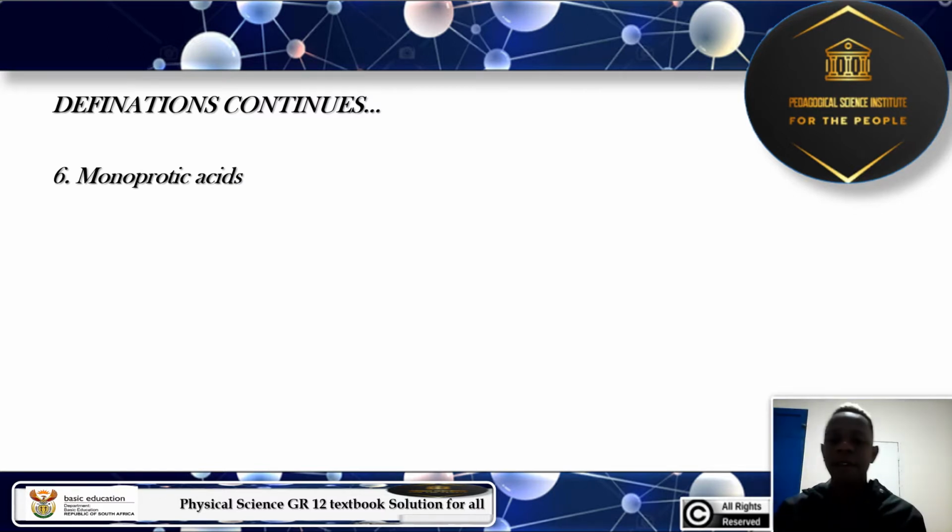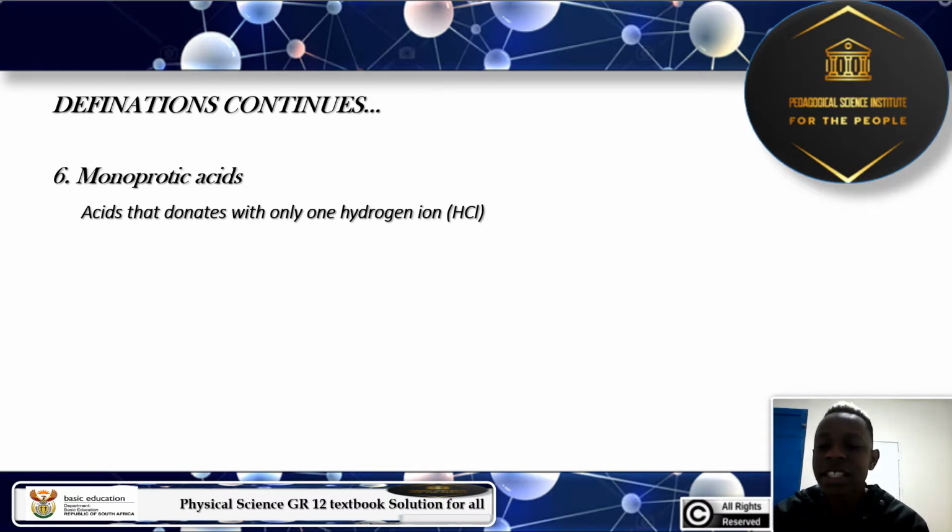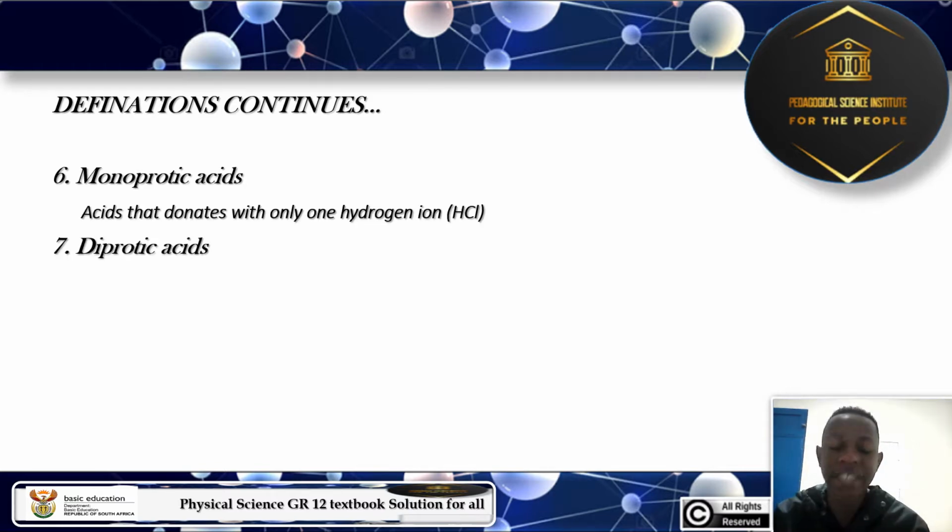Then we have many types of acid. We have monoprotic acid, diprotic acid, and triprotic acid. As you all know, mono means one, and di means two.